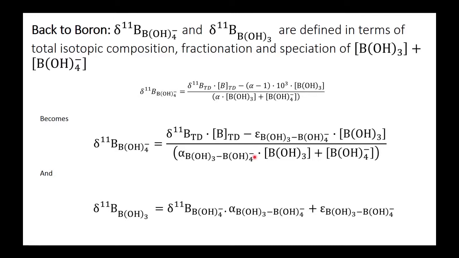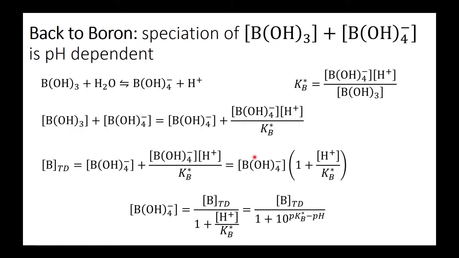Okay? I guess we've already touched on this before, but this is the equation for the speciation between borate ion and boric acid. That goes backwards and forwards to this and produces a hydrogen ion, so it should be pH dependent. We can express the equilibrium constant of that reaction like this, products over reactants.